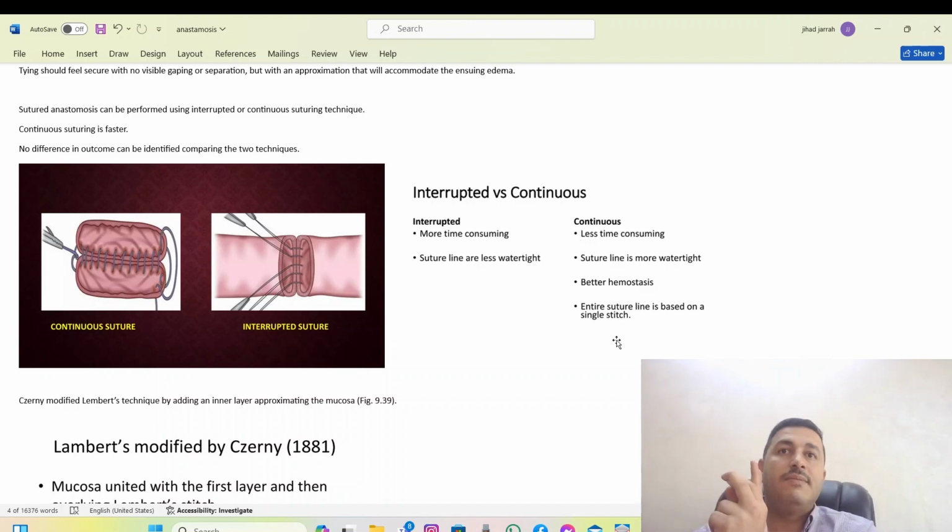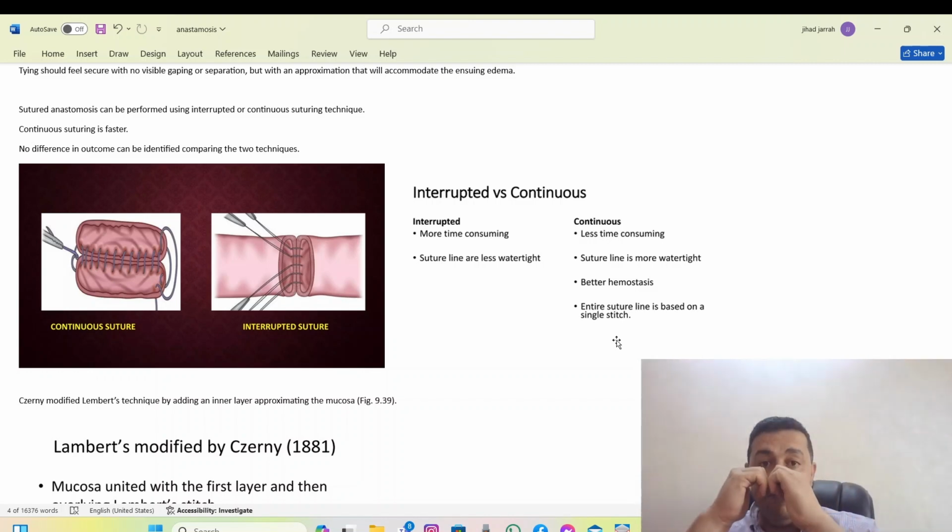Braided multifilament when we compare to monofilament. It's recommended to use a seromuscular or submucosal stitch, such as in Halsted. It's not recommended to reach the mucosa. This is regarding the depth.